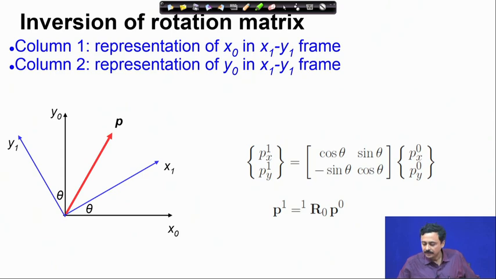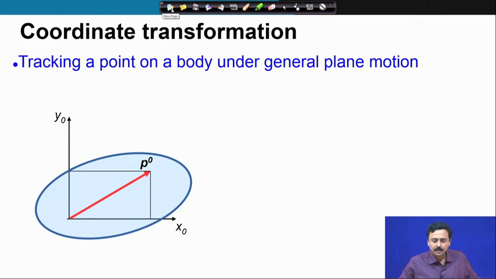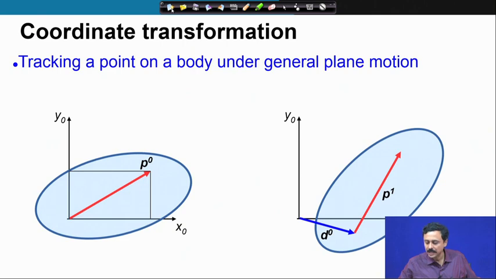Here I have written out these relations in a formal manner. Now, let us go to the general plane motion. In a general plane motion, a body can not only rotate, but it can also translate.